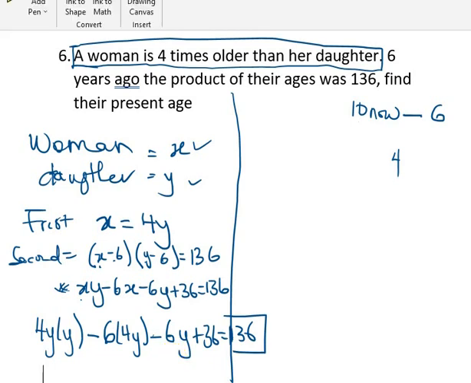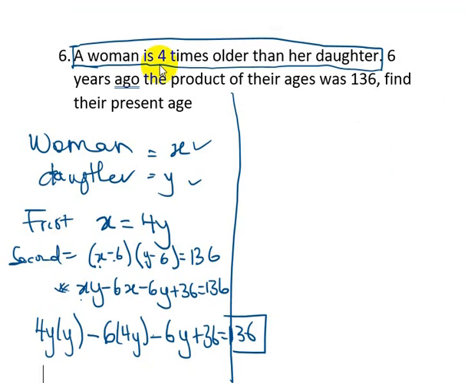Now simplifying, 4y times y will give me 4y square, right? And minus 6 times minus 4y will give me minus 24y.